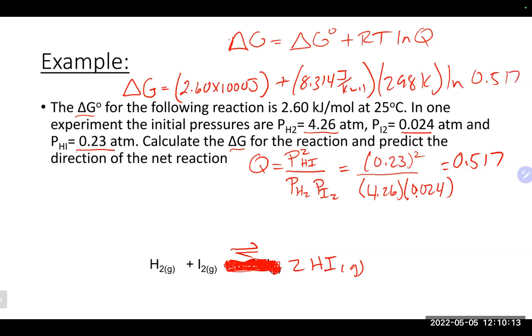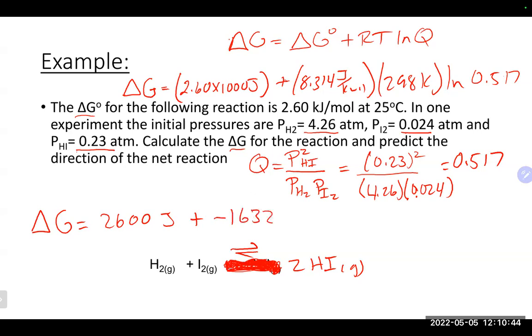0.517. There we go. All right, so if we clean up the right-hand side of the plus sign, we will get times 298 times 8.314 gets us a delta G that is equal to 2,600 joules plus minus 0.1632.